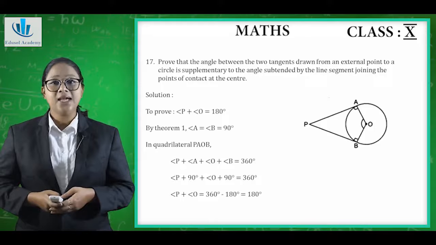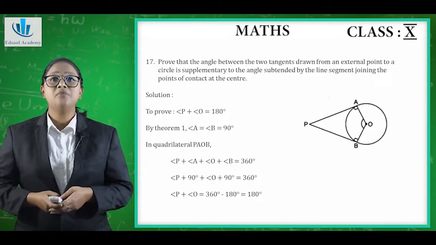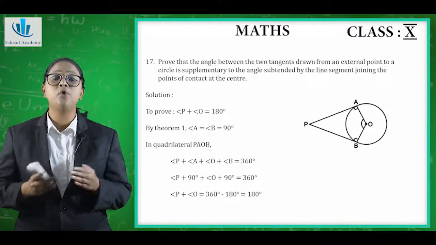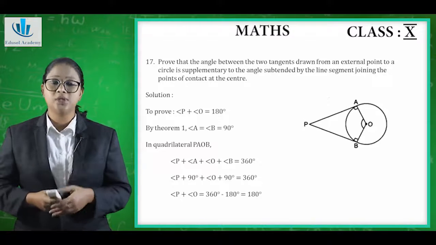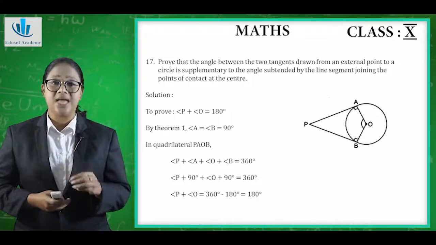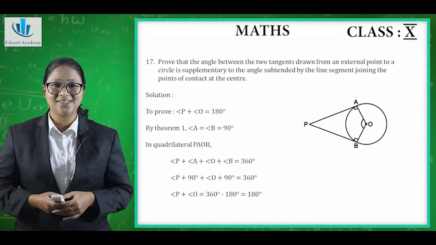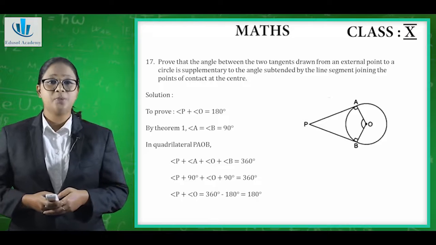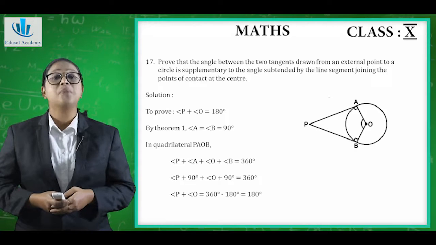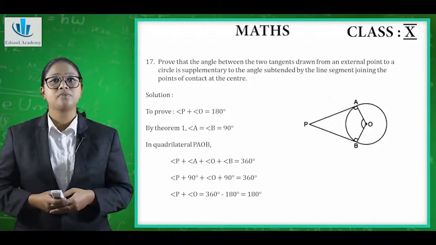Prove that the angle between the two tangents drawn from an external point to a circle is supplementary to the angle subtended by the line segment joining the points of contact at the center. So, that is a total prove-that question. We have to do the construction. There is a circle, there are two equal tangents from one external point, and we have to prove that that angle is supplementary to the angle subtended by the radii at the center.